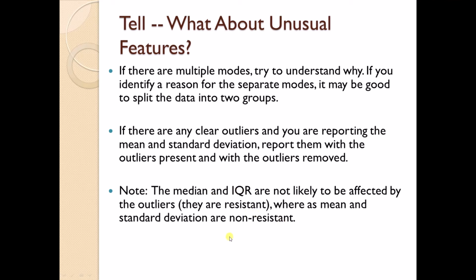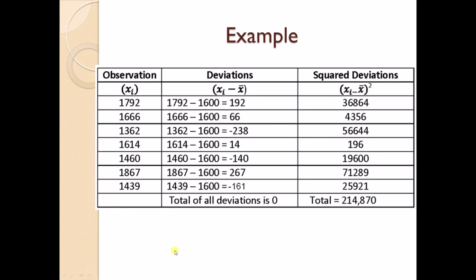So keep in mind that that might be a better option. And by the way, I don't have you doing all of this, getting number summaries with outliers and without. That just doesn't really show up in the course, but in a professional setting, you might consider doing that.